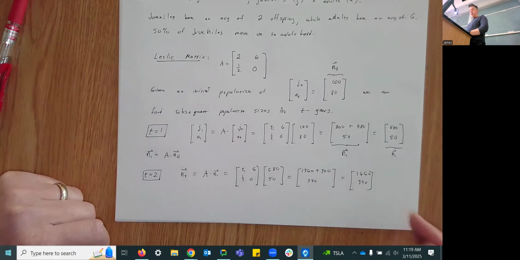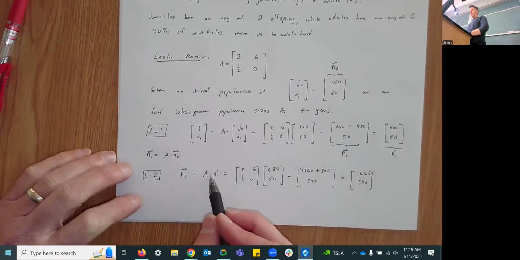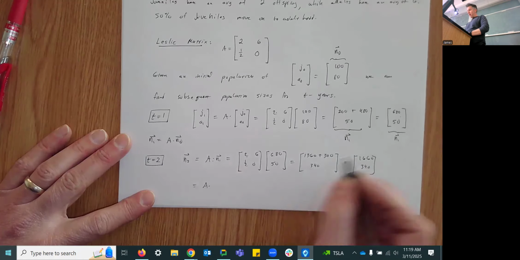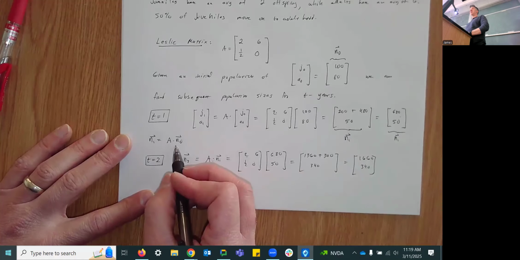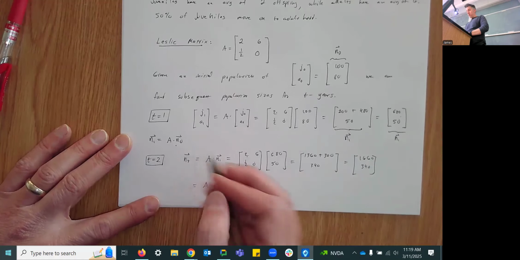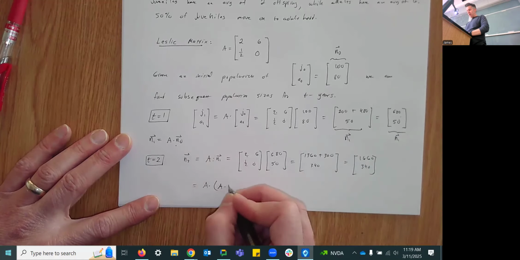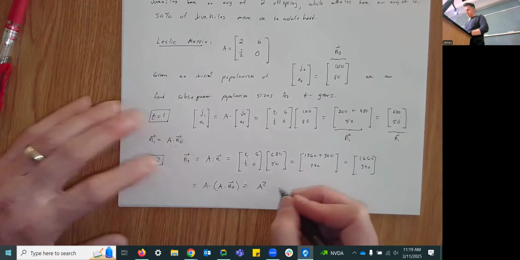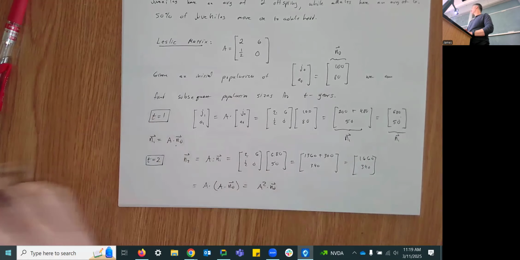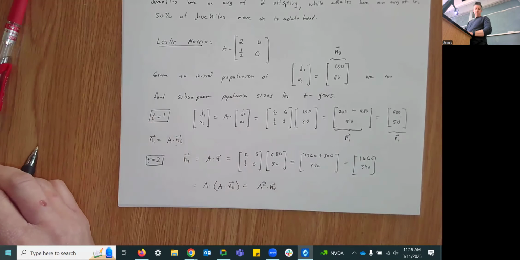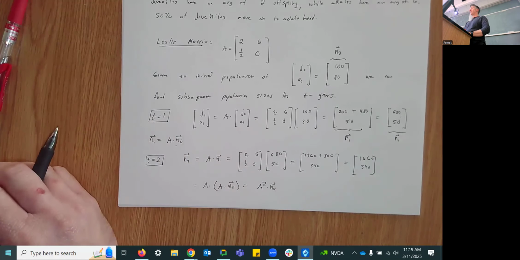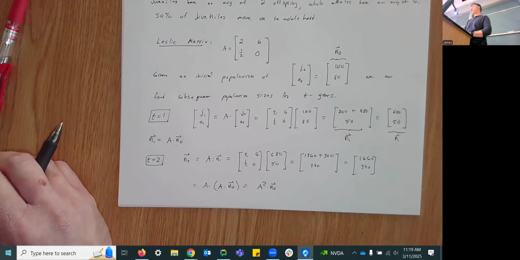Now, what I really want to point out here is that this A times n1, I could have written as A times, well, n1 was A times n naught. So it's really A times A times n naught, which is A squared times n naught. So we might be thinking about how you could do repeated matrix multiplication to get the population size at any time value.